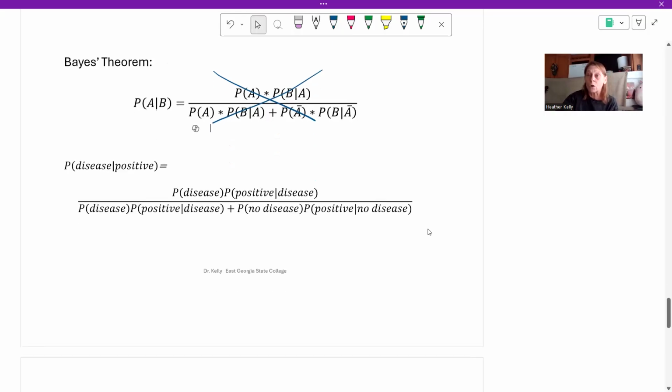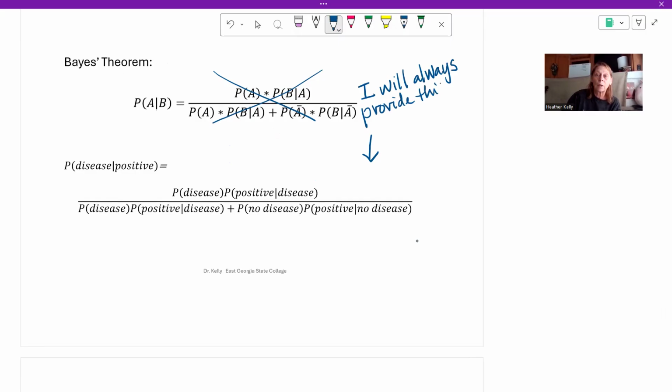And I also am going to tell you, I will always provide this formula on exams and quizzes, even, as I mentioned before I took my little break, that this is always a bonus question on my final exam.